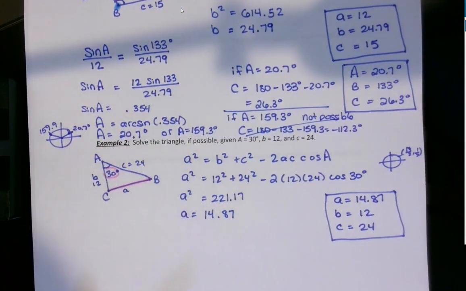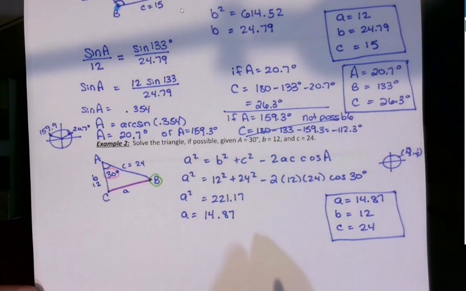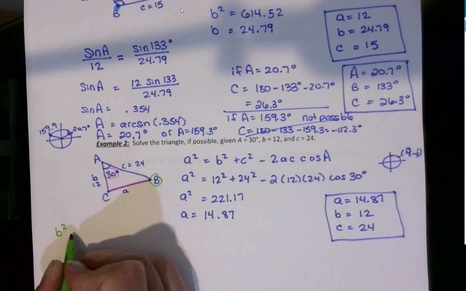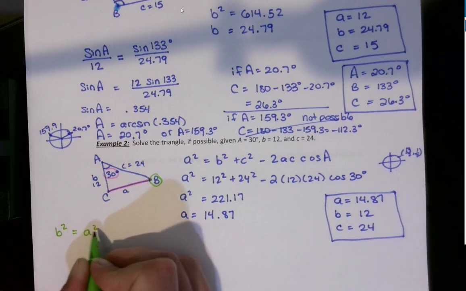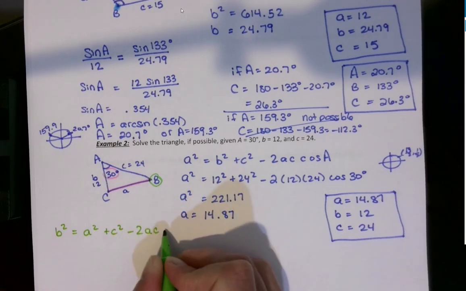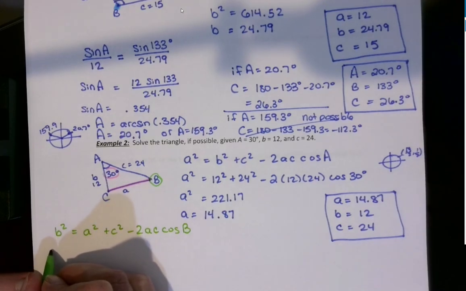Doesn't matter which angle, so I'm going to say I want to find angle B. So if I find angle B, I need to use the version that's going to have B as the missing angle. So that's going to be b squared equals a squared plus c squared minus 2ac cosine of angle B. Side B is 12.